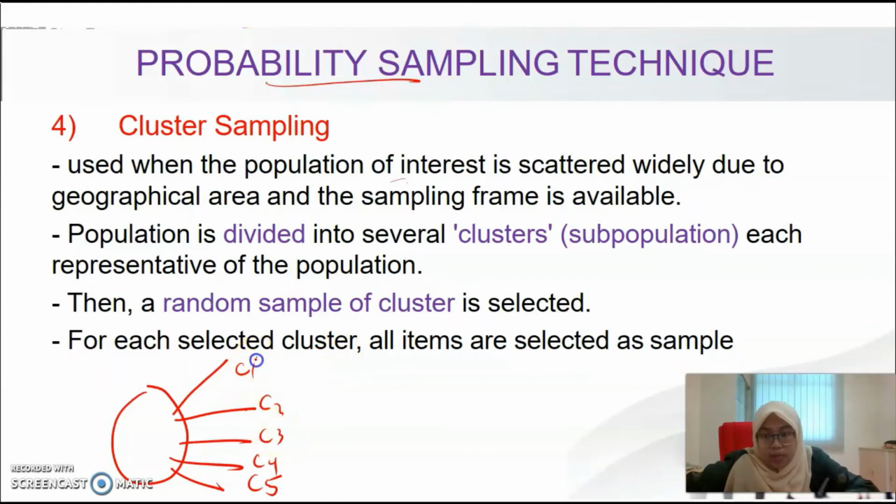Let's say we just randomly select C1 and C3. Next step, for each selected cluster, all items are selected as sample. That means from C1 and C3, all elements are selected as our sample.